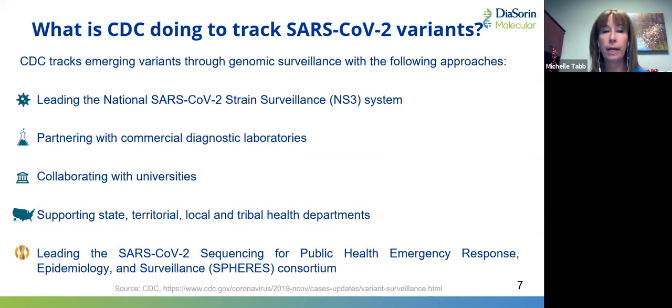They're partnering with many commercial diagnostic laboratories to make sure that they have increased capacity for sequencing and surveilling through next generation sequencing, collaborating with universities in the same vein, and also supporting state, territorial, local, and tribal health departments in their efforts to surveil. And they're leading the SPHERES program, which is SARS-CoV-2 Sequencing for Public Health Emergency Response, Epidemiology, and Surveillance.